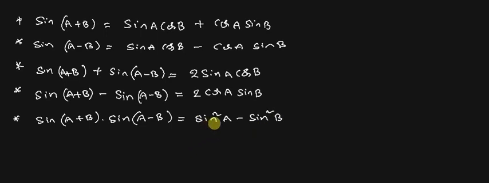Or you can also write this result as cos square b minus cos square a, right? And remember all these things. Just copy all these formulas in your notebook, right?